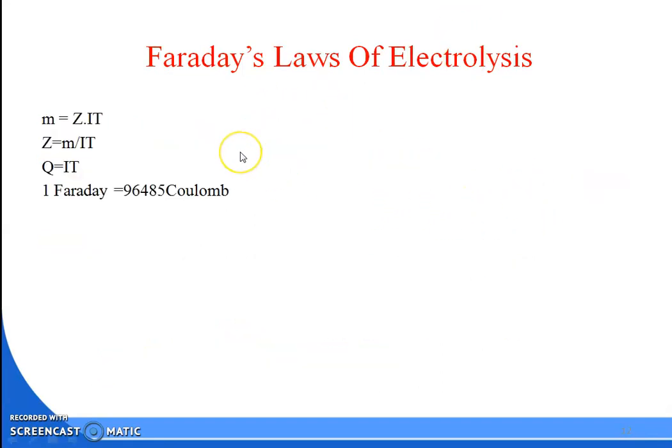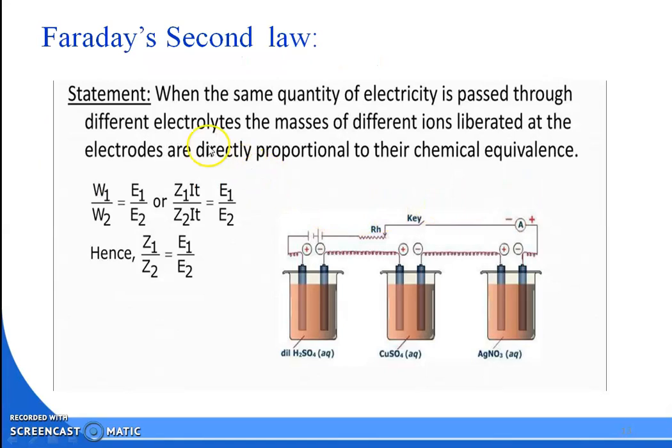So this is the formula, and 1 Faraday is equal to 96485 coulomb. Remember that. Then Faraday's second law. As we have already discussed, Faraday deduced two fundamental laws which govern the phenomena of electrolysis.